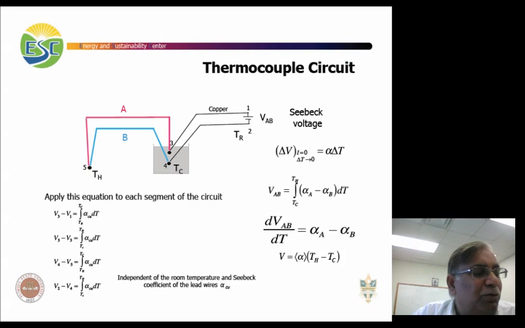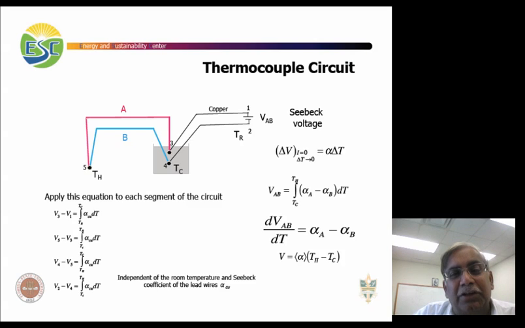Here you have two dissimilar materials, for example material A and material B, and you make a junction which is put in the hot bath, and then you have these materials put in the reference bath, which is a cold bath, and these two are connected through some copper wires, and you measure the voltage AB across it. The temperature of this copper is T reference, which is constant, and you can write the voltage across each segment by these integrals.